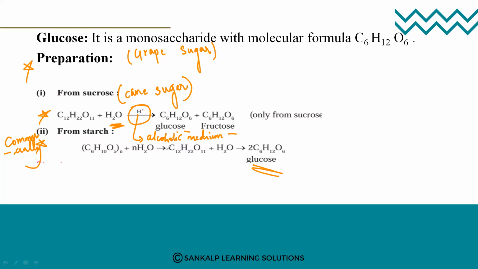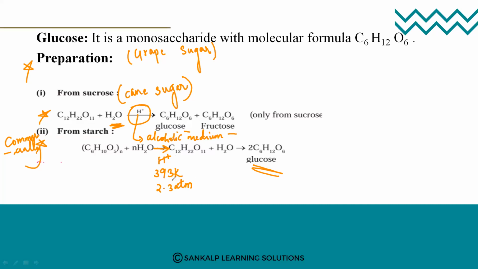We can obtain glucose by hydrolysis of starch with dilute acids. This also undergoes acid hydrolysis at 393 Kelvin. On the arrow you need to write H plus and 393 Kelvin, under a pressure of 2.3 atmospheres. These are the reaction conditions.